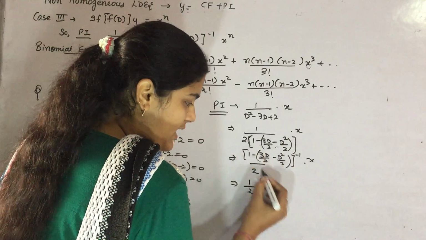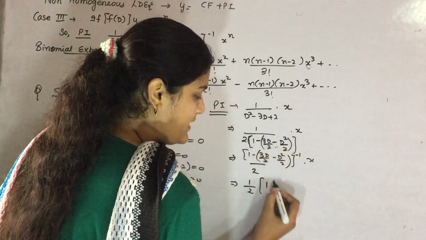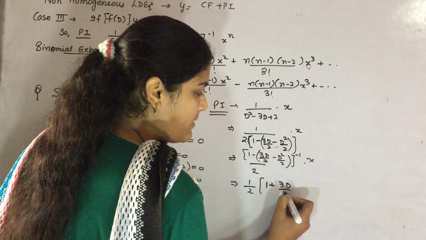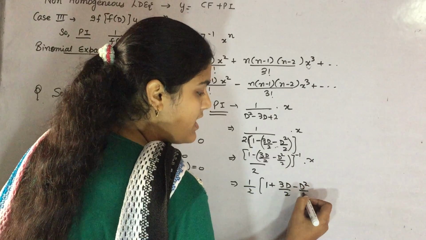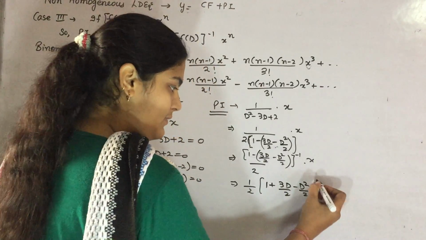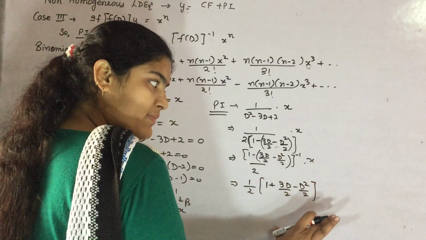What you have to do simply: 1 is as it is, then minus 1 multiplied with this gives plus 3D by 2, this will become as it is. Neglect higher powers; you have to take only up to the D squared term.